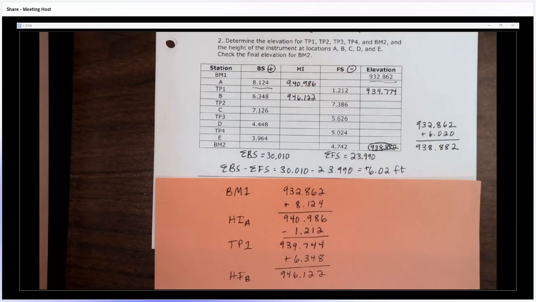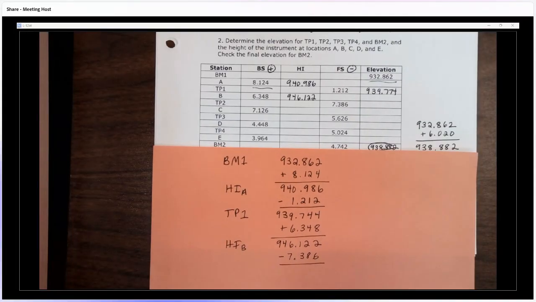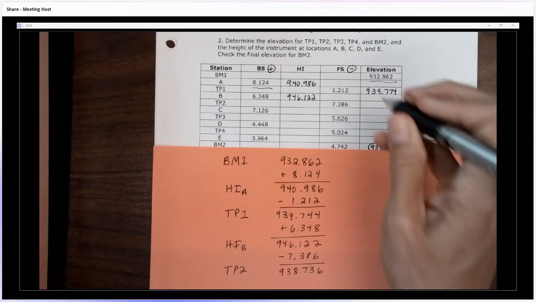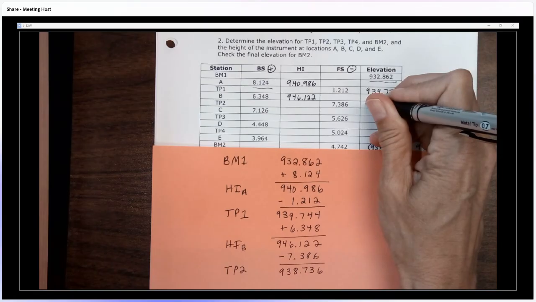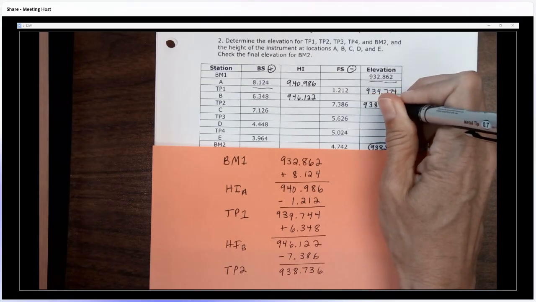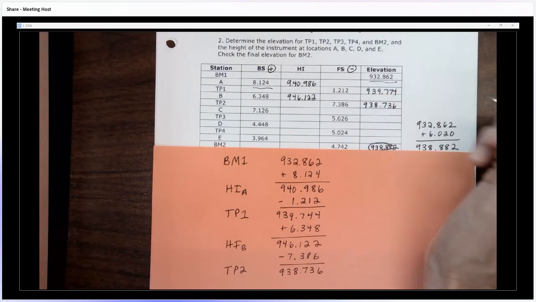And now subtract the foresight, minus 7.386. And that will get me to 938.736 for the turning point 2 elevation. And again, I'll put that next to it here, 938.736.